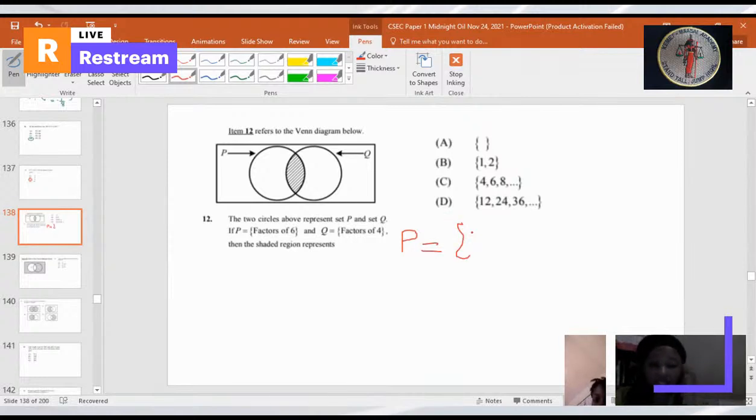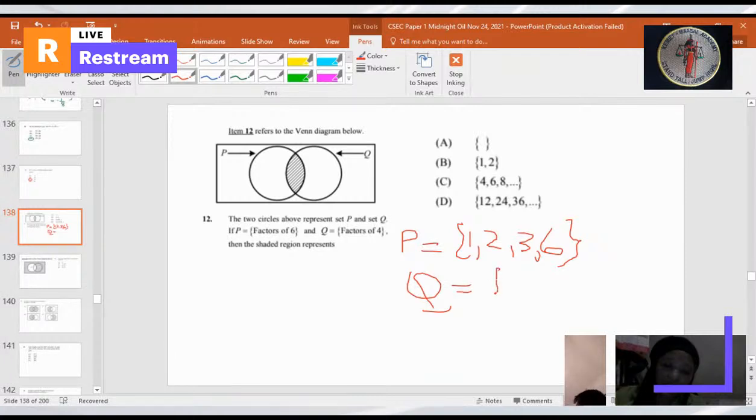All right, so let's list out the factors of 6. All the numbers that can go into 6. So we have 1, 2, 3, and 6. And Q is factors of 4. So all the numbers that can divide exactly into 4 will be 1, 2, and 4.